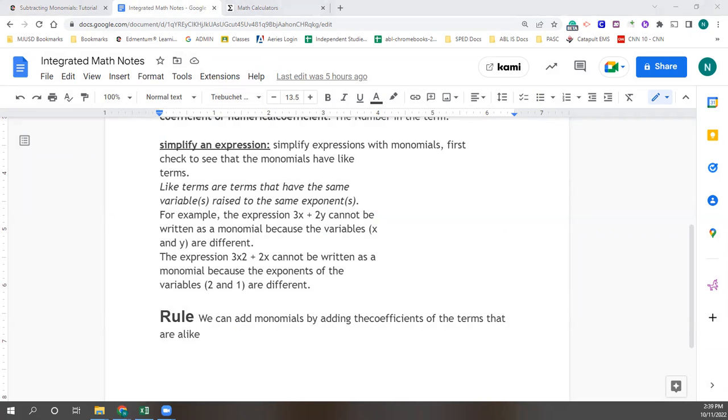I like adding the rules to my notes because I can't remember the rules on the test.